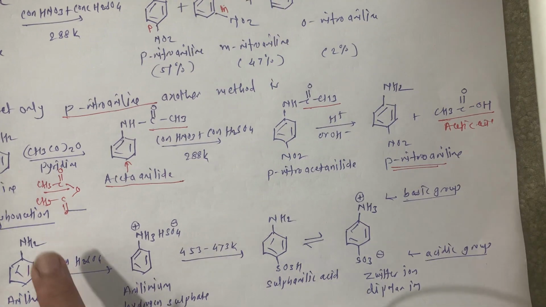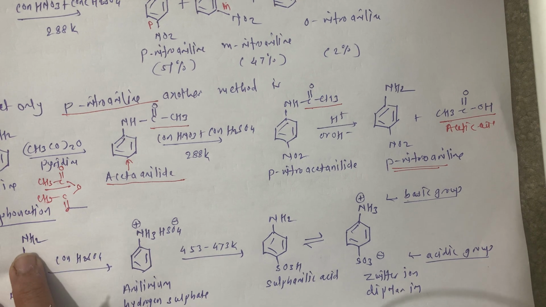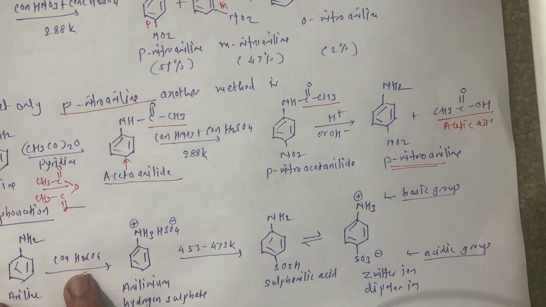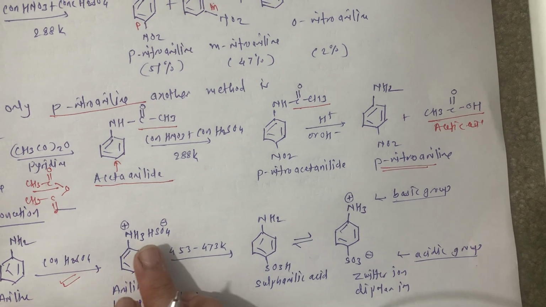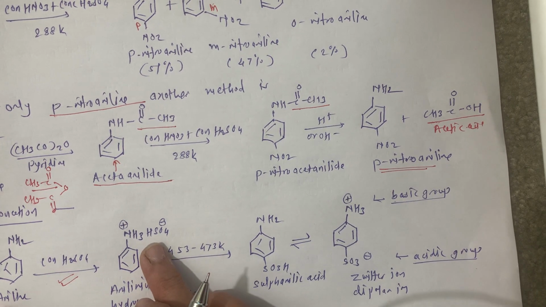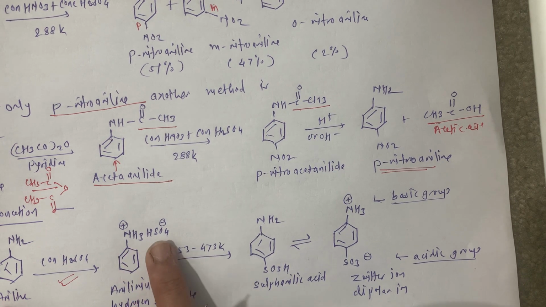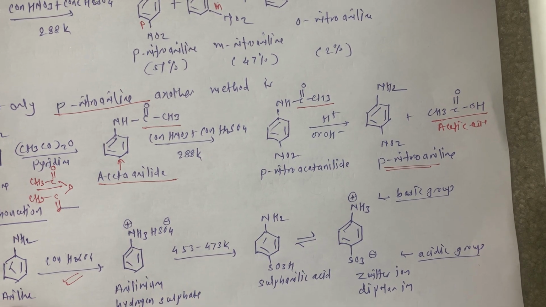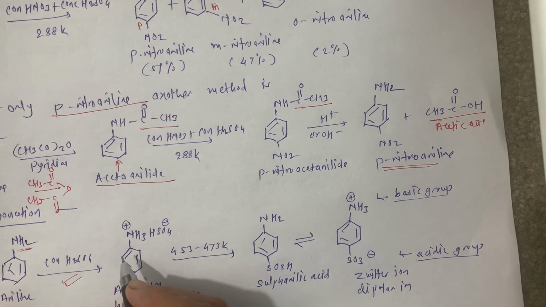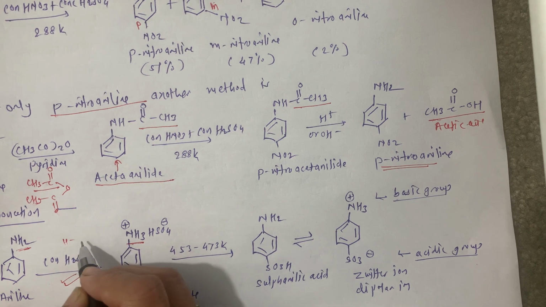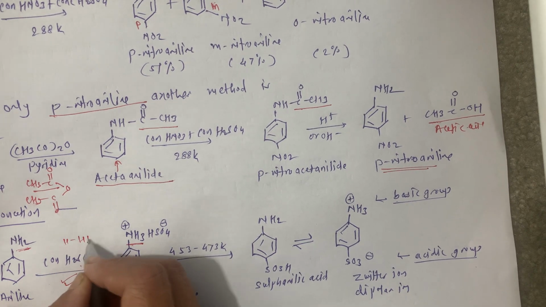And the last reaction is sulfonation. For sulfonation of aniline, we have to use concentrated sulfuric acid, and here a very interesting product we are going to get, that is anilinium hydrogen sulfate. See, very interesting, this NH2 is converted to NH3 with the extra H, and here HSO4.